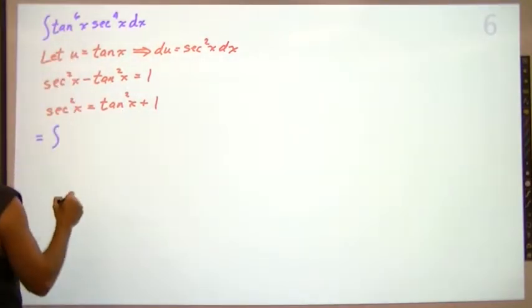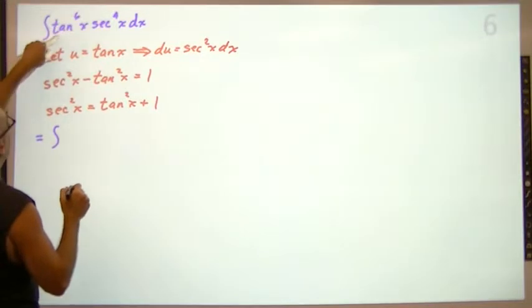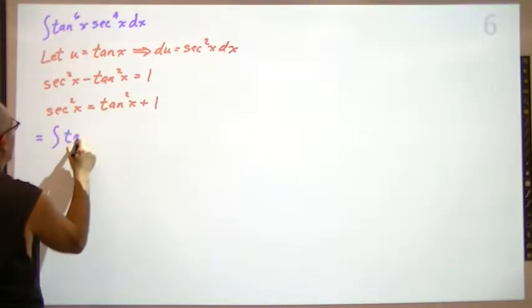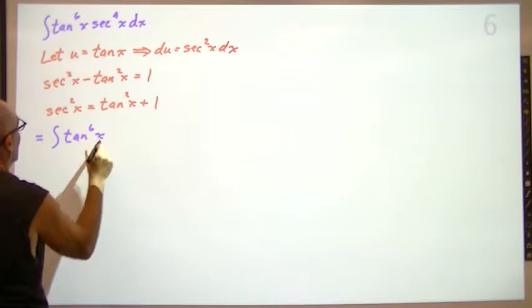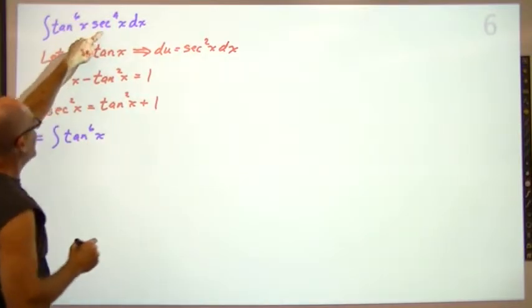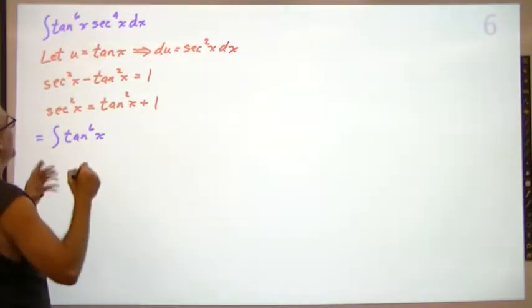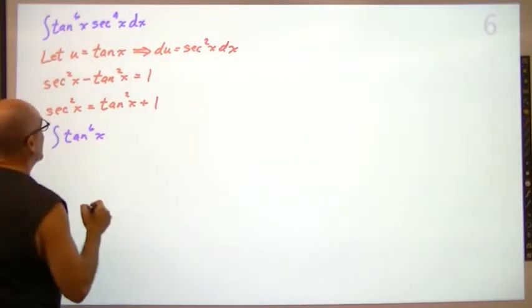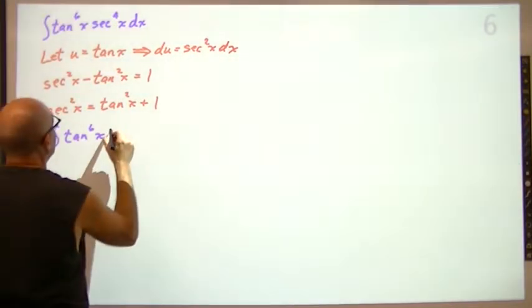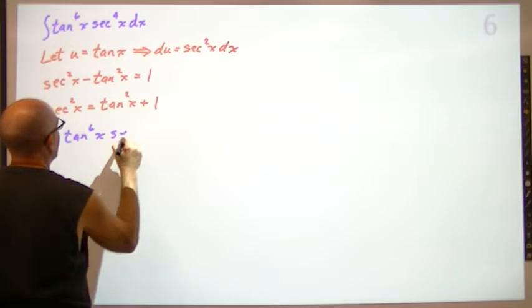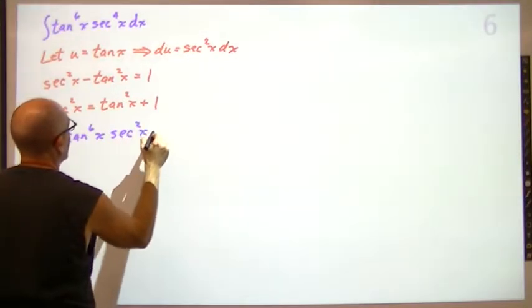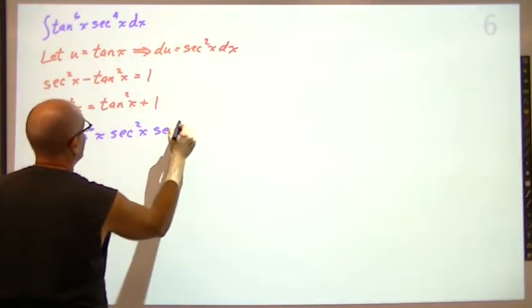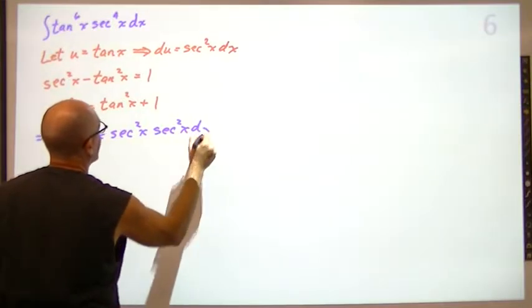That gives me the integral of, now I'm going to keep my tangent to the 6th x. Now this secant to the 4th is going to be a secant squared times secant squared. So let's just write that: secant squared x times secant squared x dx.